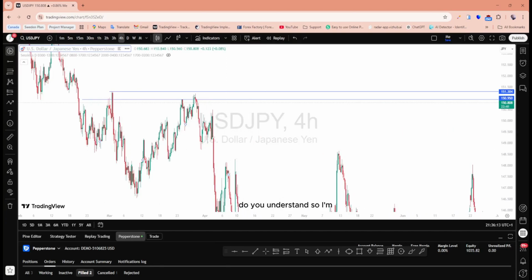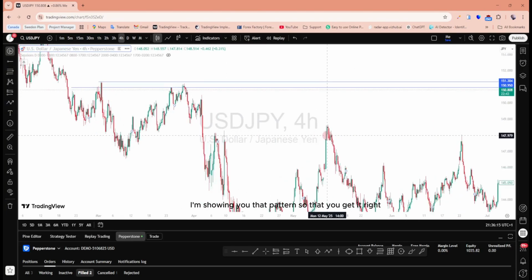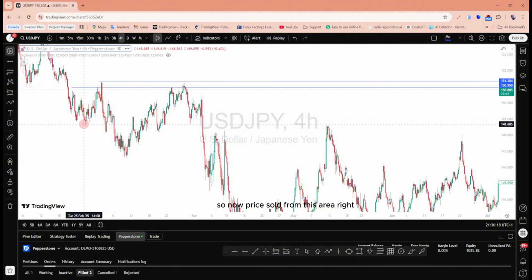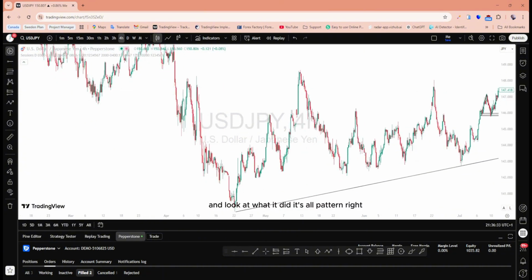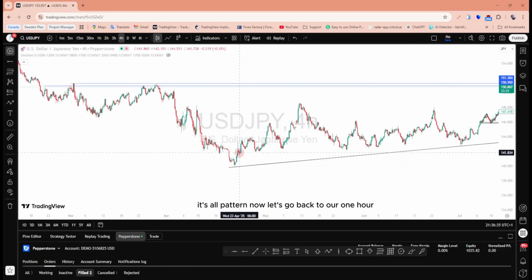Do you understand? I'm showing you that pattern so that you get it right. So now price sold from this area and broke this low. Good. Now price came back to that area for a double top, and look at what it did. It's all pattern, right? It's all pattern.